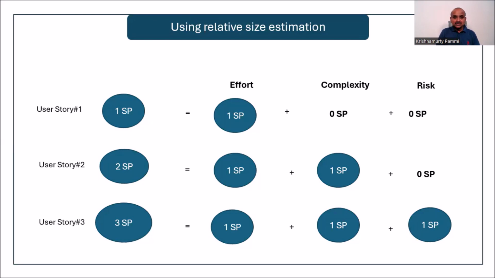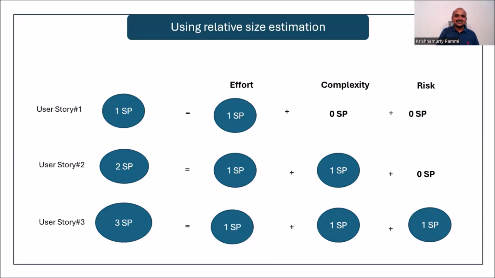Once you consider effort, complexity, and risk, you capture the whole context needed to meet the definition of done. So this is where story point estimation asks you to consider these parameters. We just need to understand the whole dimension of story points and use it. Once you start using it, you love it.